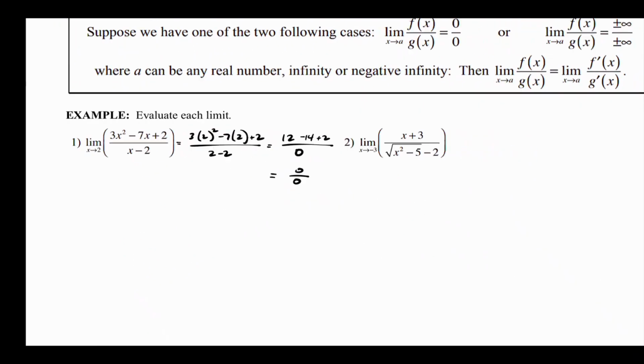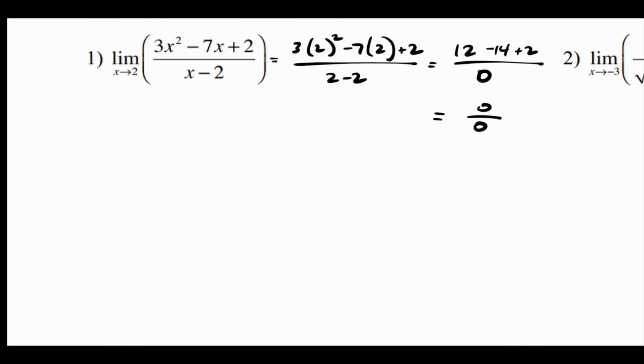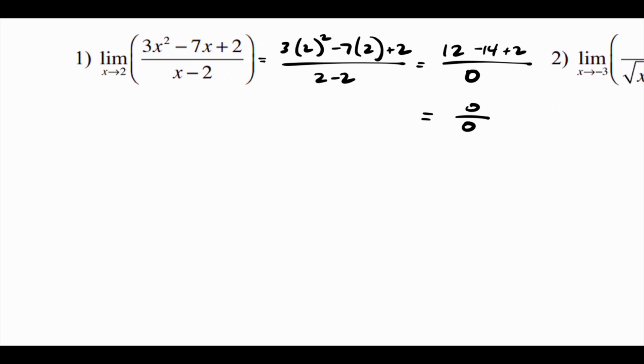Normally, last semester, I would factor this guy and see if it cancels out. But L'Hopital says you don't have to do that. Take the derivative of the top. That's 6x minus 7. Take the derivative of the bottom, which is just positive 1, right?